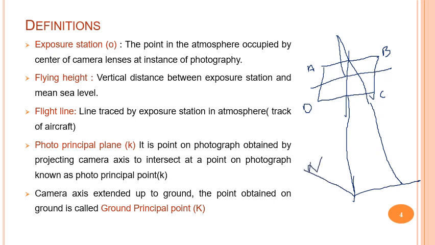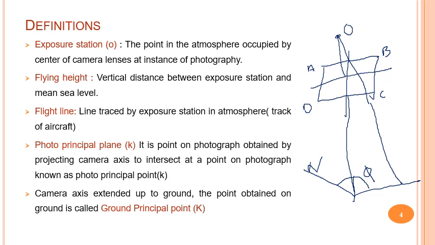This angle which is made with north is called phi. This point is referred to as O.